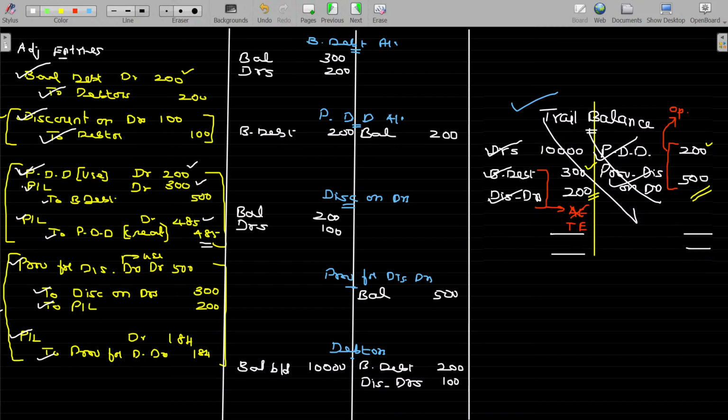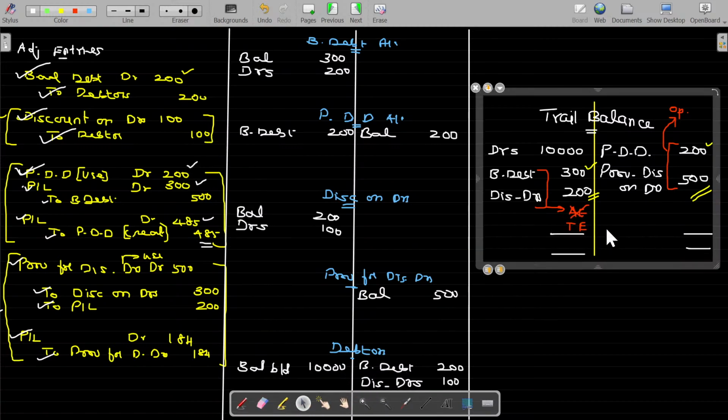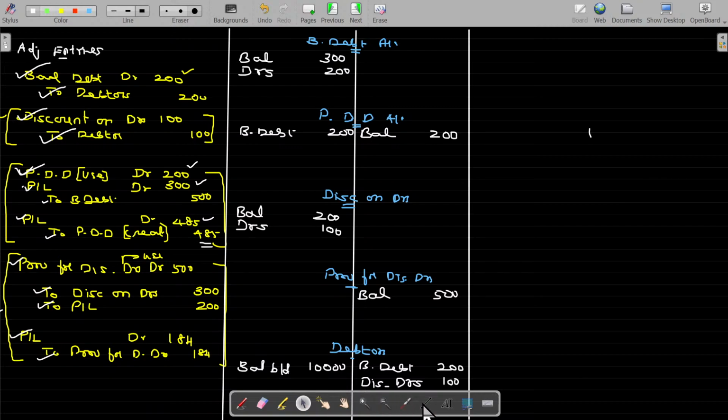And in P&L account, we can open the P&L account also. I will open the P&L account here. P&L account and balance sheet extract.